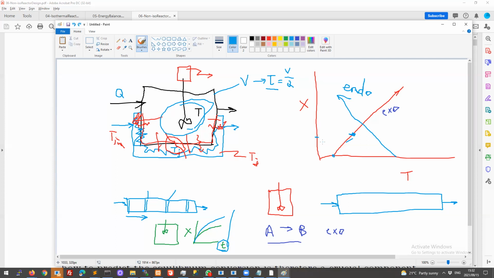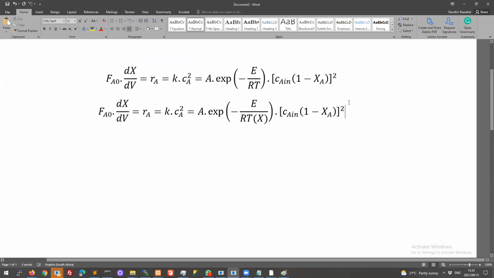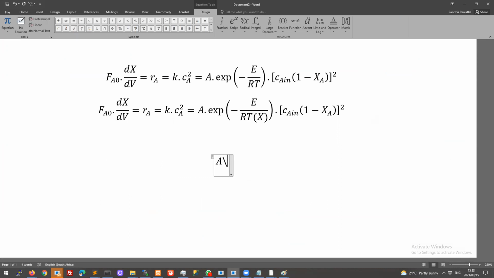If conversion is high, then the concentration is low, then the rate is low, and we had whole methods based around getting the rate up so that we could get the volume down. Now we have the same interest here. And now we want to look at this for the case where we may have equilibrium. Before, we took quite a simplified approach. We were only looking at things like A goes to B.